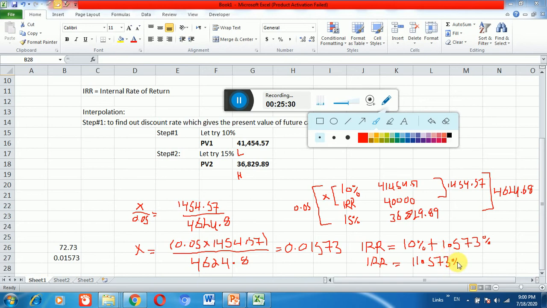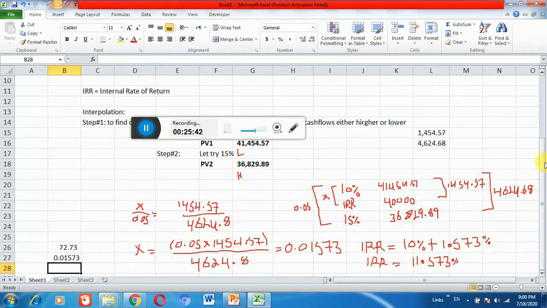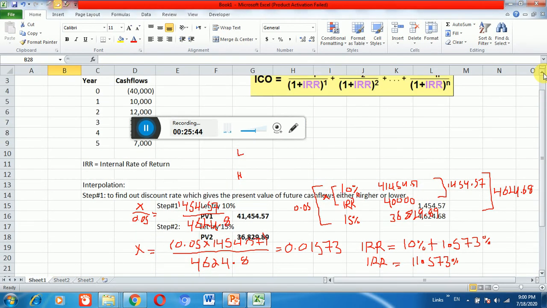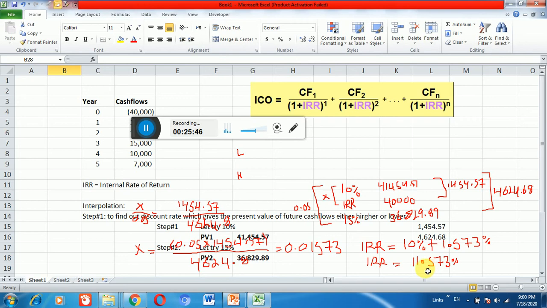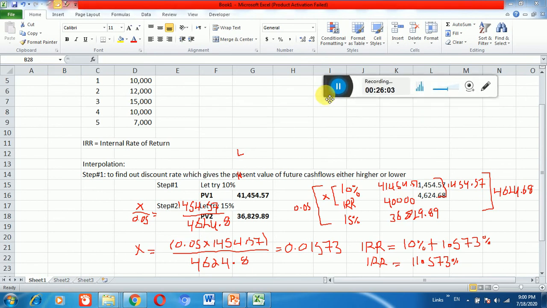It means if you put 11.573% in this formula instead of this IRR value, in our example, this will exactly give you 40,000.